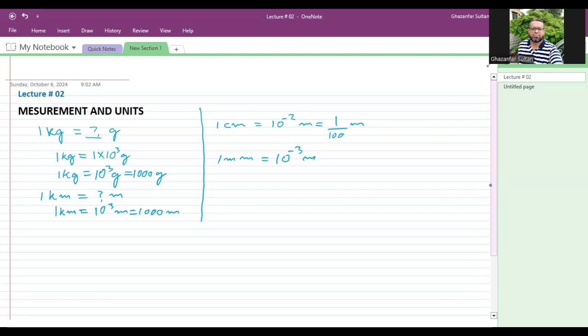So it is 10 raised to power minus 3 meter, or 1 upon 1000 meter.